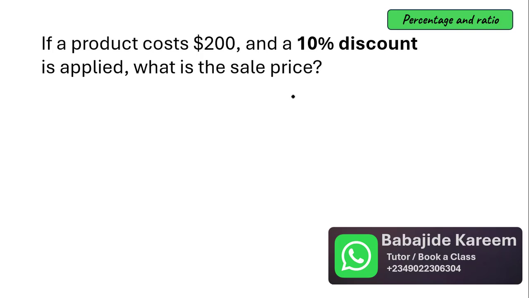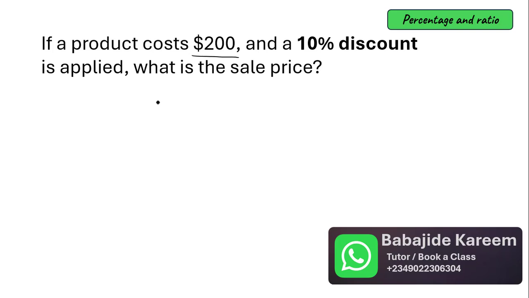If a product costs $200 and a 10% discount is applied, what is the sale price? So the 10%, as we said earlier, 10% is you divide the number by 10.